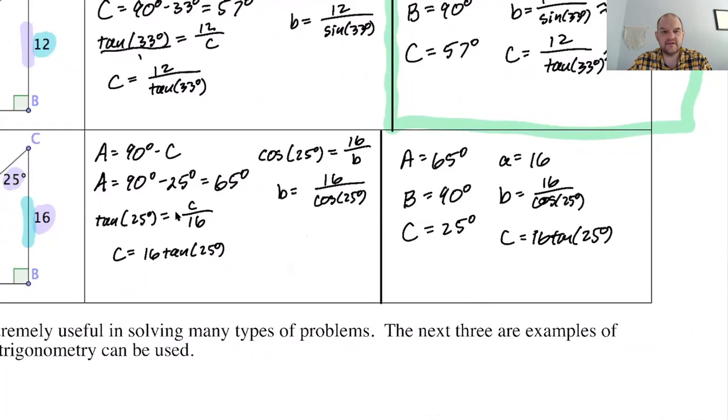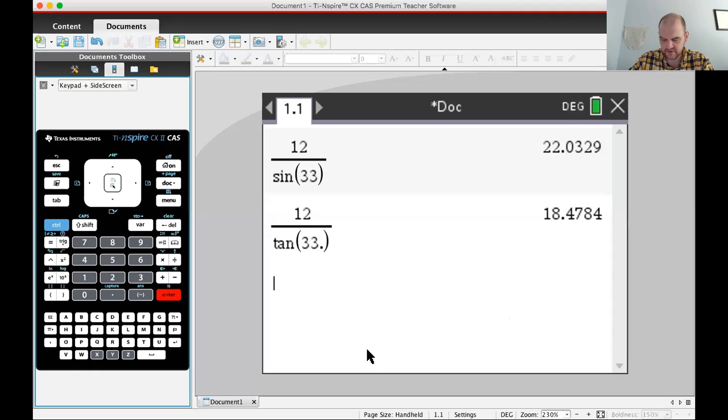So let's do that. Back to the calculator. So one thing that I want to show you is we know in this triangle here, B is the hypotenuse, right? So let me just store these. B is 16 over cosine of 25.